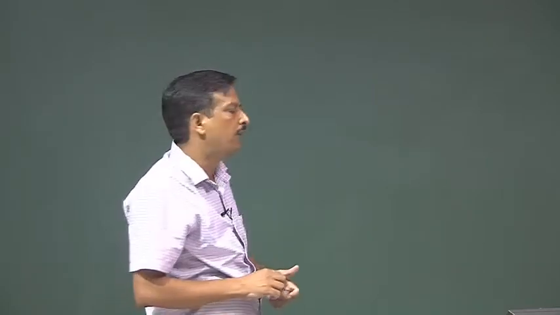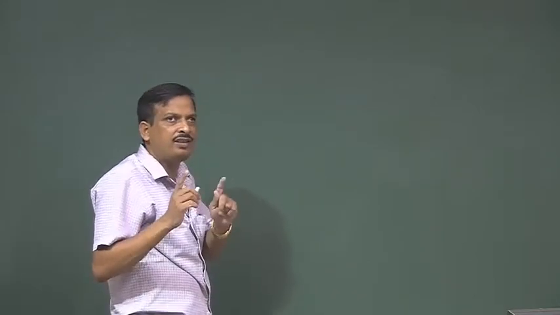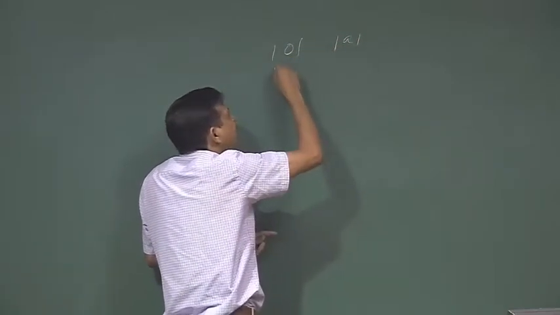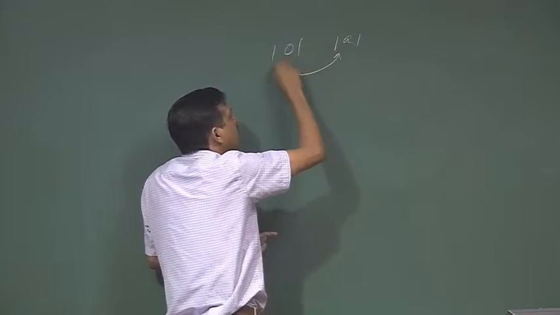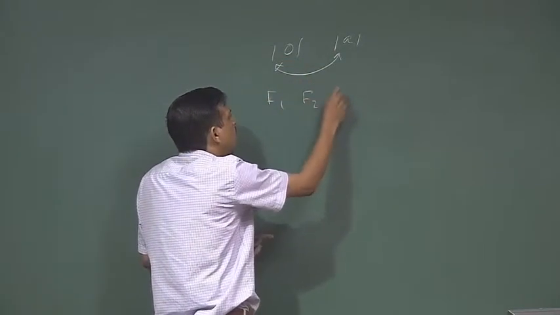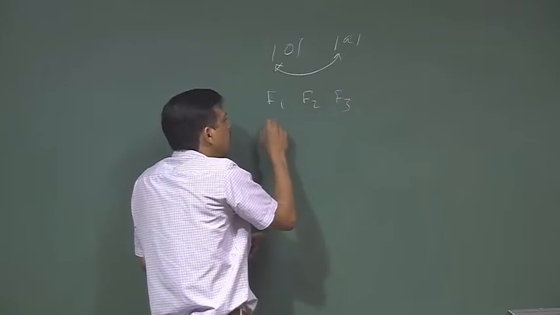Then there is parametric synthesis. If you remember, we said that a speech event, whether it is O or whether it is A, can be determined by the formant frequencies, F1, F2, F3, and the formant bandwidth.